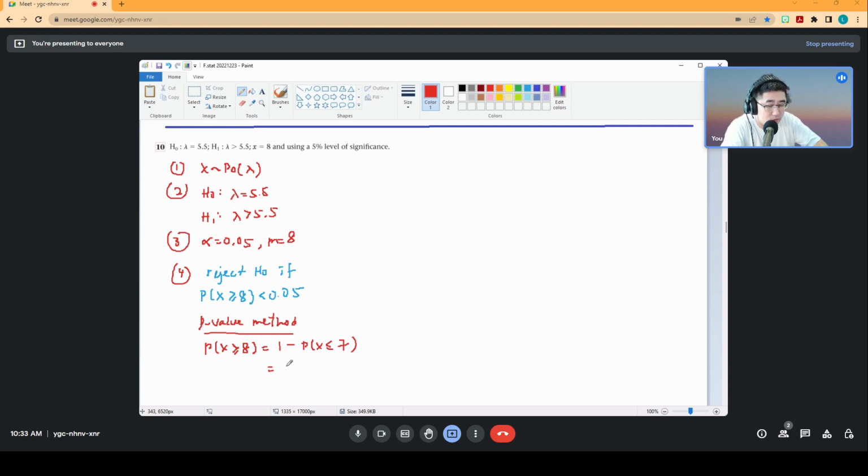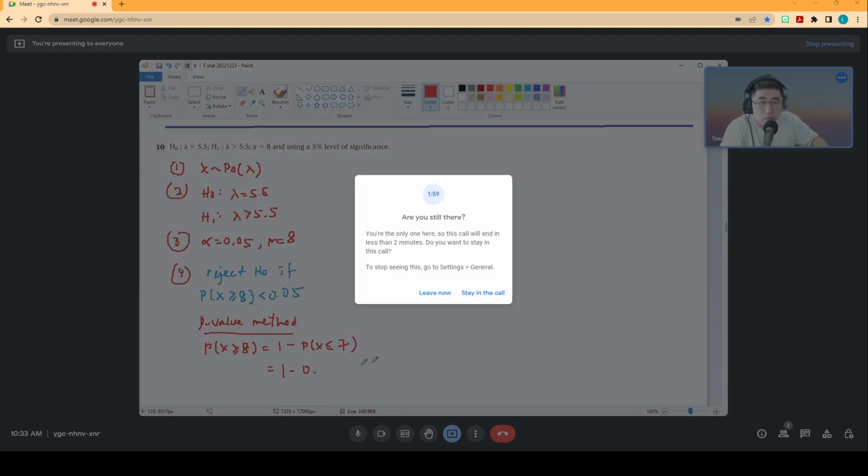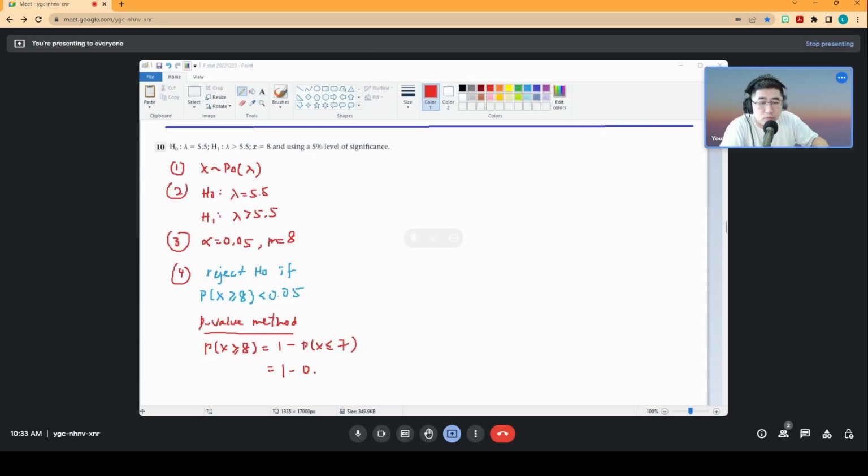Binomial seeding, variable, I have 8 and this is 5.5 here. So this is not 8, this is 7 now. 7, 5.5. So I have a 1 minus 0.8095.